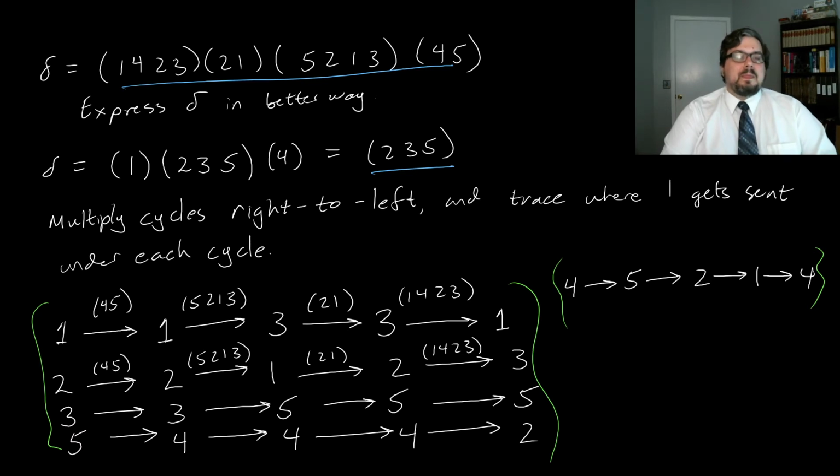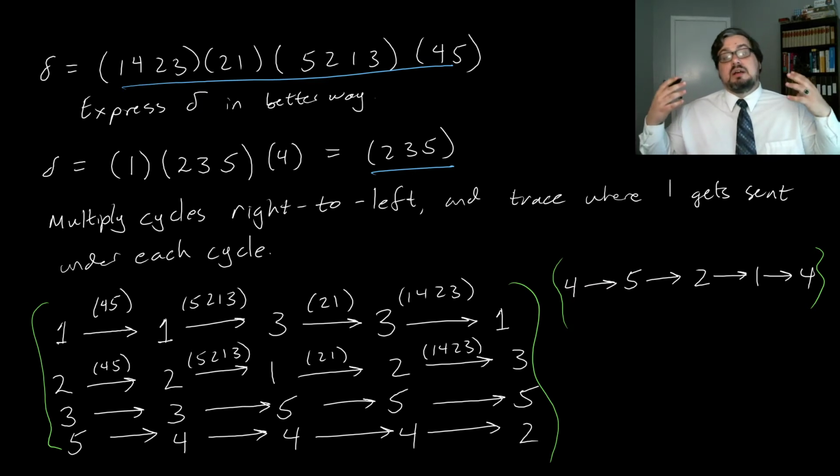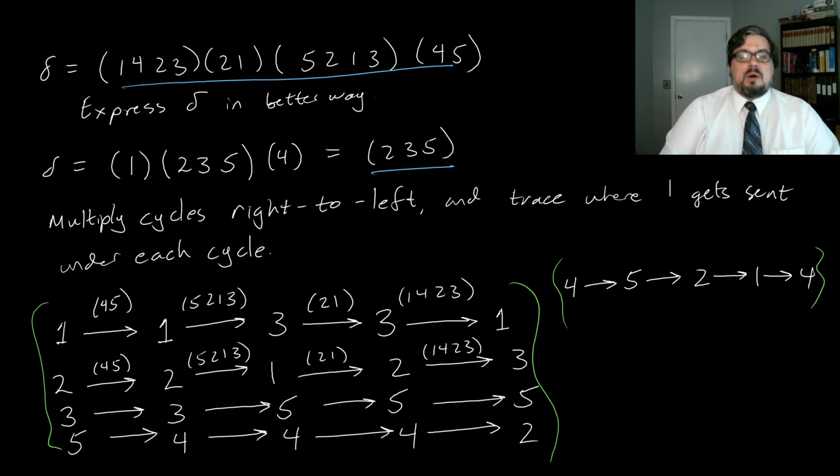All right, now one of the things that we've done both previously when we were turning our alpha, beta, gamma into an expression involving cycles, and here where we're taking a bunch of these cycles and multiplying them together to get delta, what we are really doing is showing that we can write any permutation as a product of cycles, but more than just a product of cycles, as a product of cycles that have no terms in common.